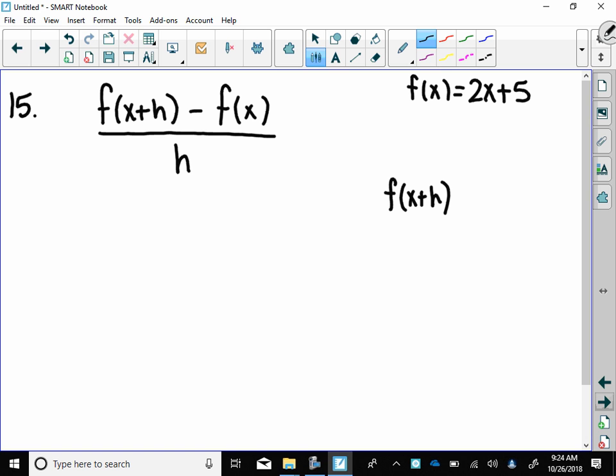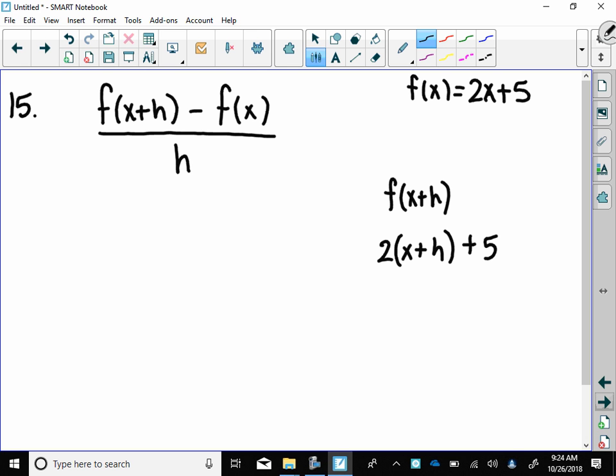So what am I going to do when I have f of x plus h? Good. 2, instead of this x, what am I going to put? I'm going to put x plus h, because where there normally is an x, now I have an x plus h. And then plus 5.